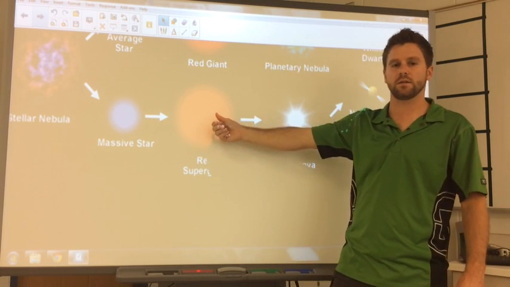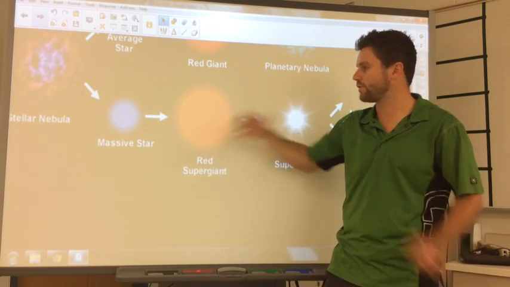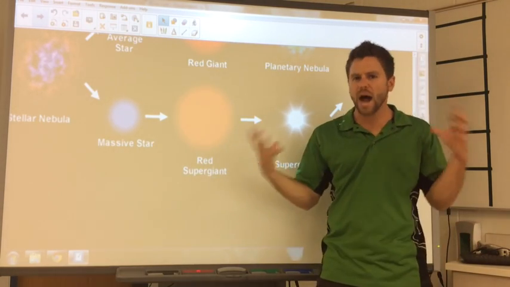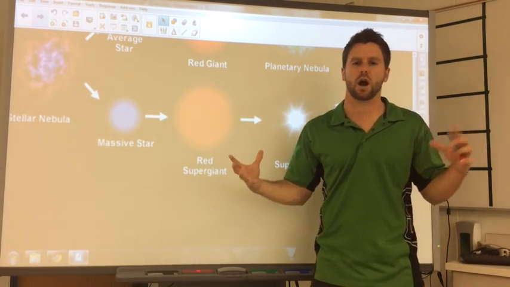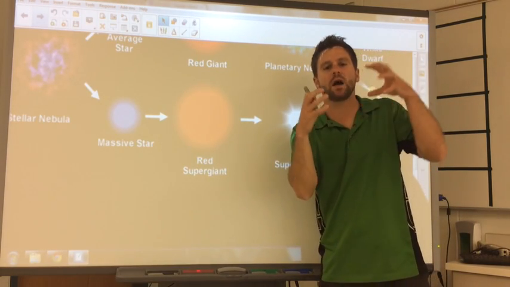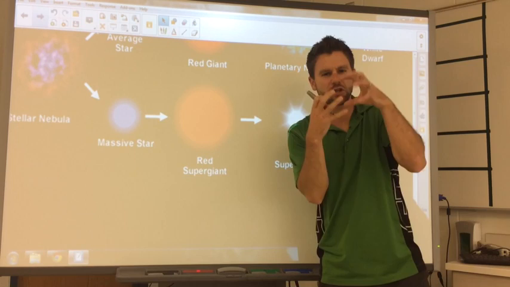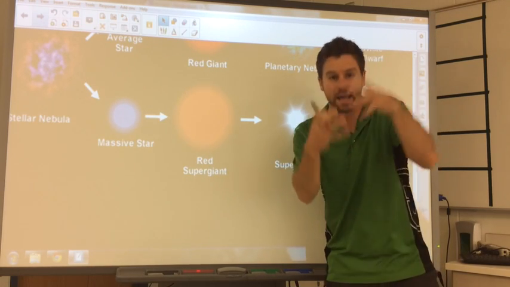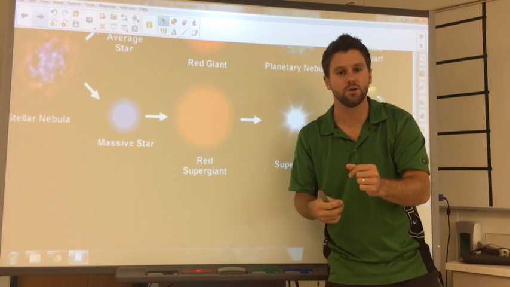So the star begins to cool off and expand just like we did up here. But now this is a much larger star, okay? And eventually, the core becomes so gravitational hungry that it starts to collapse on itself again. Once it collapses on itself again, it heats up and starts nuclear fusion again.